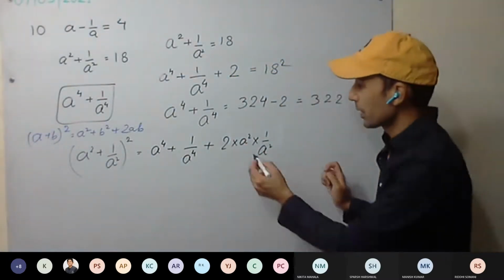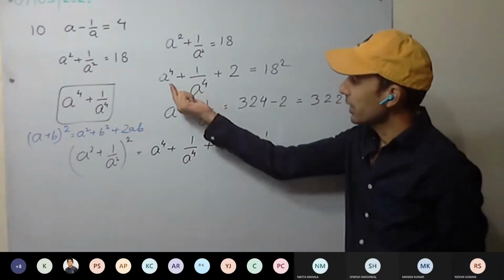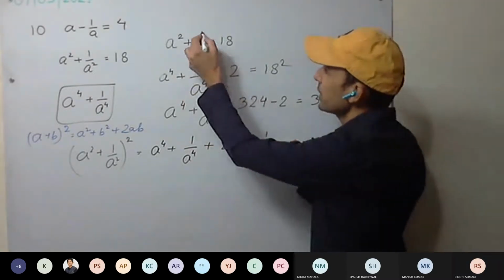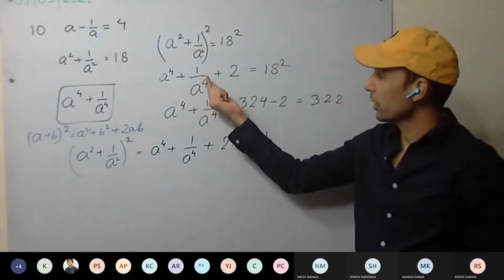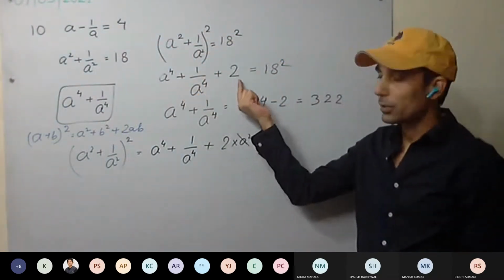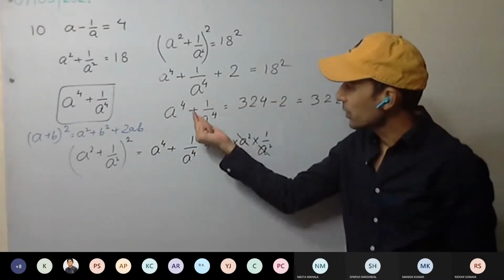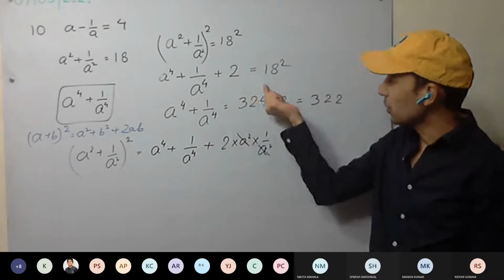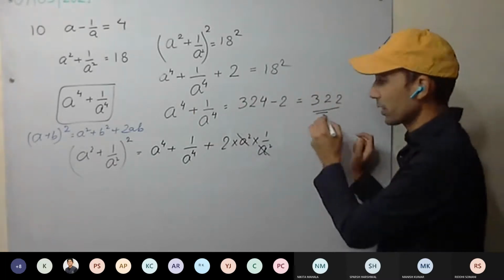They get cancelled. Yes, sir. So we are getting, if you are squaring both sides, a raised to power 4 plus 1 upon a raised to power 4 plus 2 equal to 18 square. Take 2 on right hand side, it has to be subtracted and we got the answer.